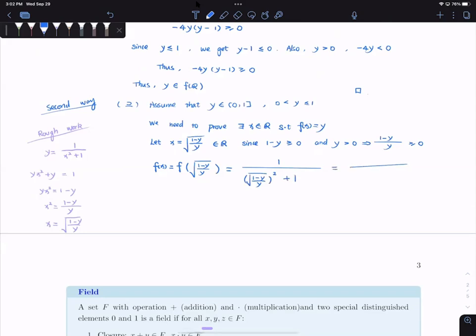So this is 1 over (1 minus y over y plus 1), and here's 1. This equals 1 over (1 minus y plus y) over y. So they canceled out, this will give you y. So now I showed that we have x in the reals such that f of x equals y. So you're done.